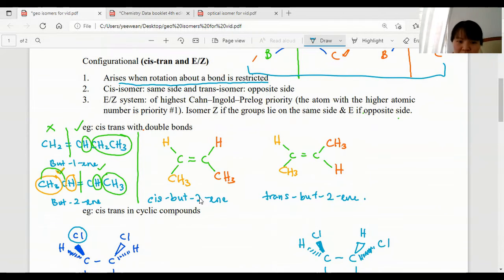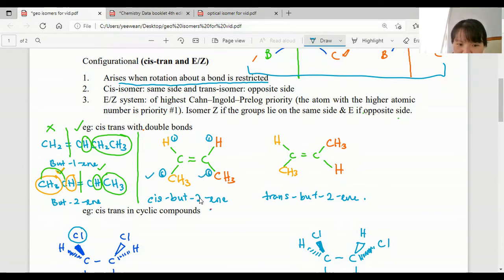So going back to our first and second examples, these were very simple examples. It's clear that these are 1 and 1, and this is 6 and 6. So same side, the higher priority is on the same side.